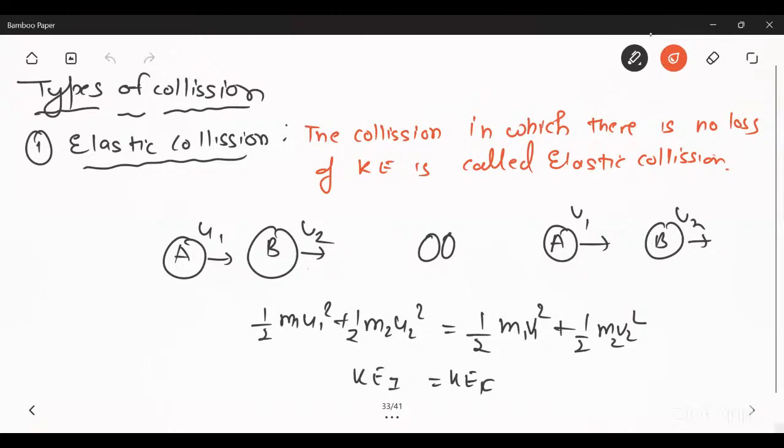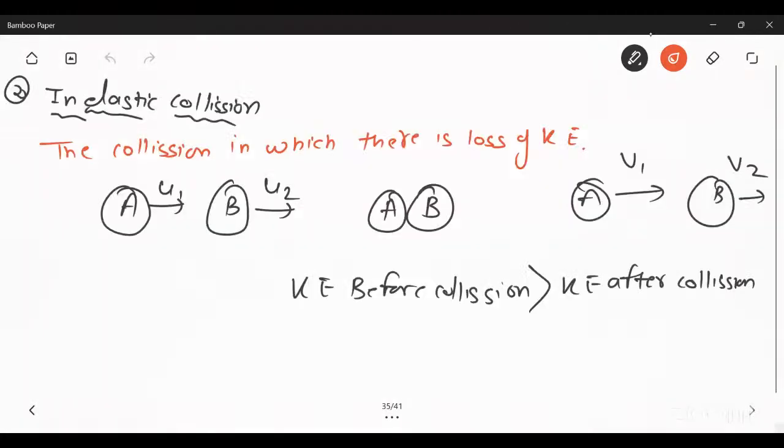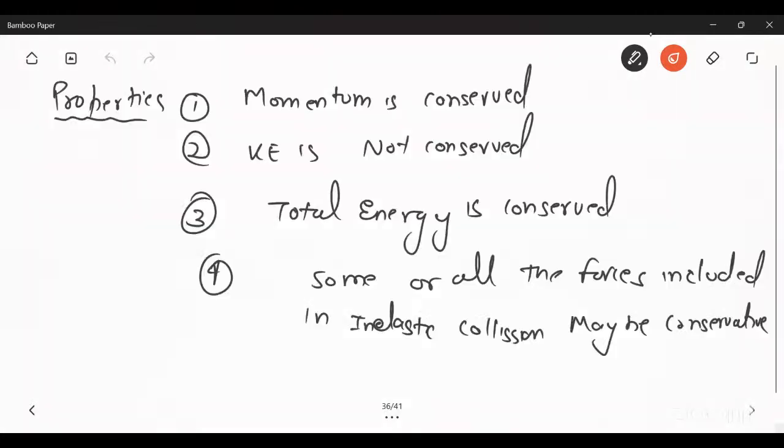Now, secondly, I have discussed elastic collision, in which the kinetic energy is conserved. Momentum and total energy are conserved in all types of collisions. The forces involved during the collision are conservative in elastic collision. A collision in which there is a loss of some kinetic energy is known as inelastic collision.